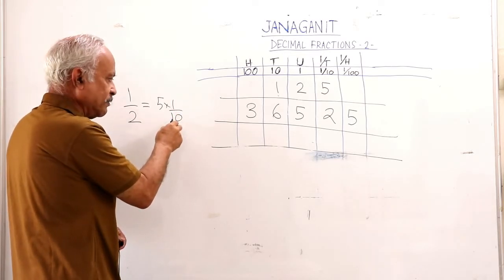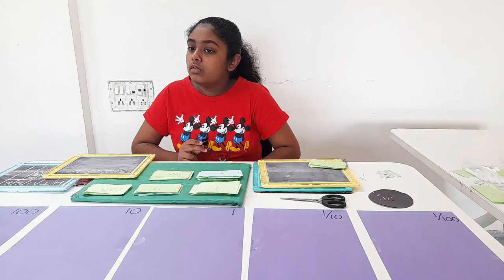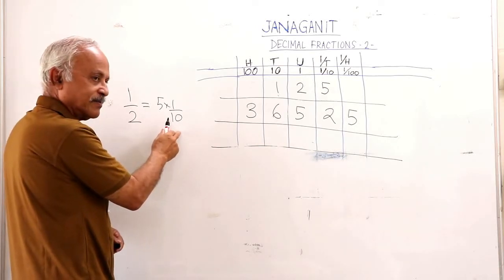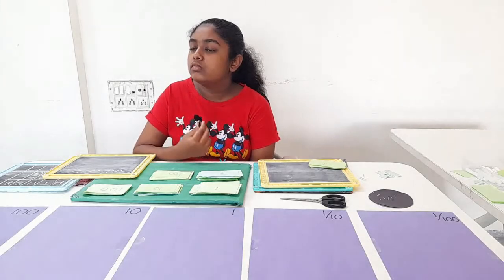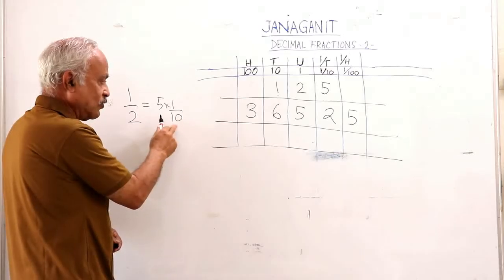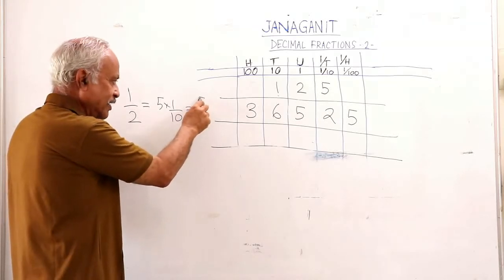But we know that 5 into 1 by 10, another name for this is? Remember, short form. What is the short form of this? 5 into 1 by 10, another name for that is? 5 by 10. 5 by 10, yes.